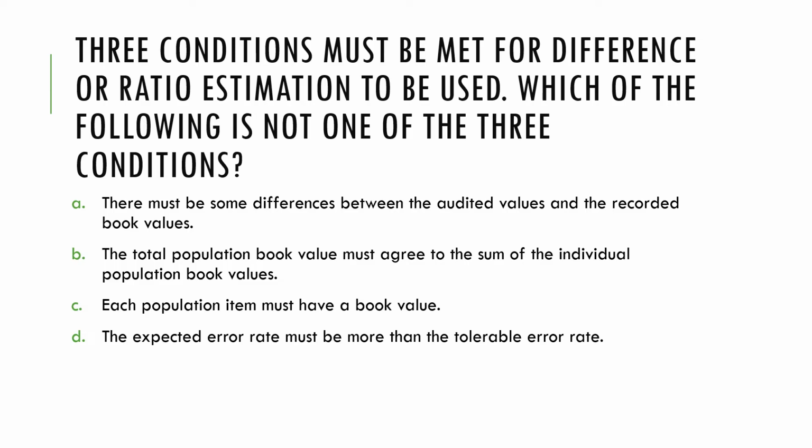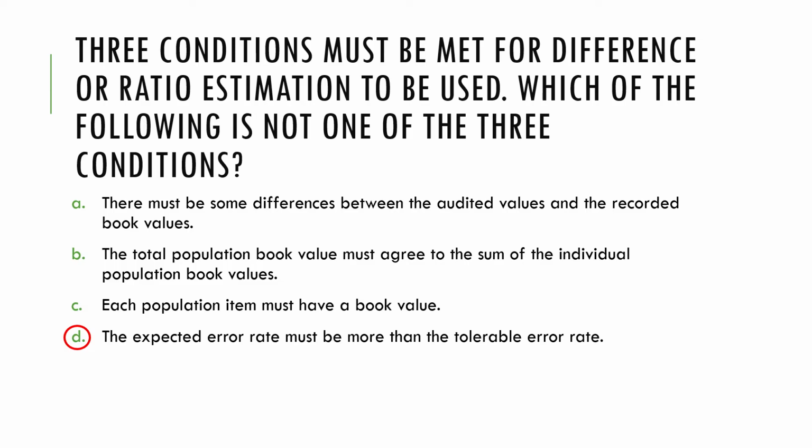And actually, not one of the conditions is delta. Because if you imagine, for example, if you are already expecting an error rate of, let's just say, 10%, but then you're only willing to tolerate 2%, then do not perform the test of controls anymore, in the case of test of controls, right?